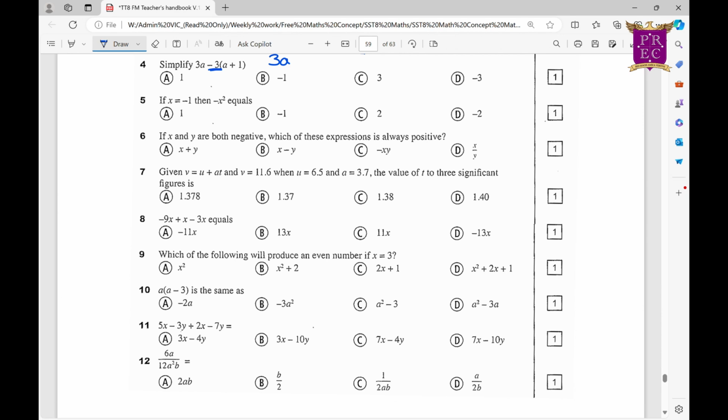And so -3 times a is -3a, and -3 times 1 is -3, and 3a minus 3a would give us 0, so it's just cancelled out, which just leaves us with -3, and that is option D.